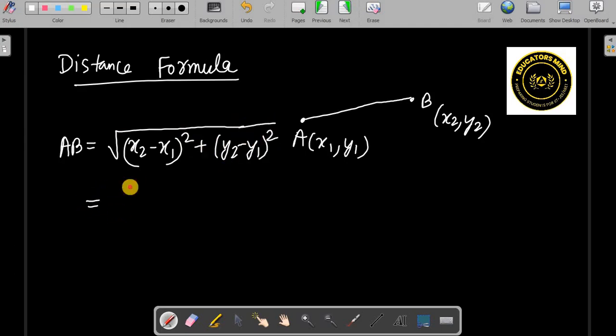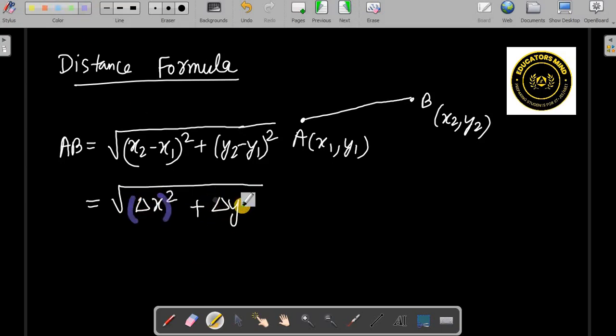You can also write this as delta x square plus delta y square, where delta x is the change in x. This distance we can calculate.